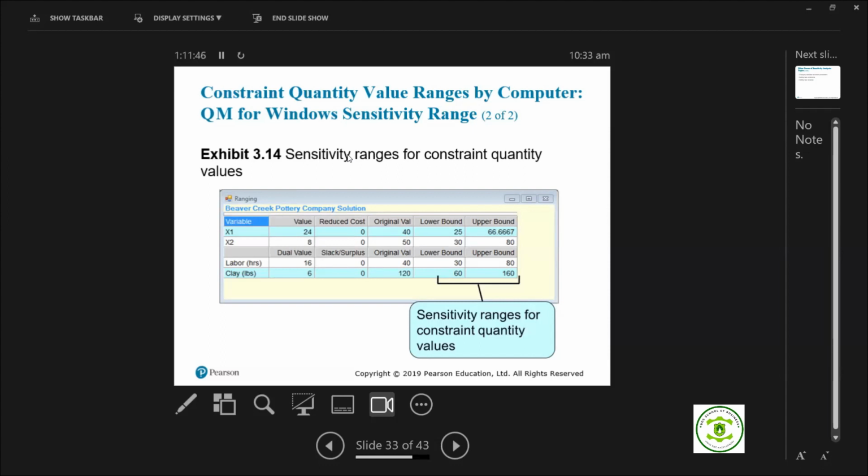Then you come to the upper bound, 66.67. Meaning that profit per volt can increase up to 66.67 and will still be within the optimal solution.